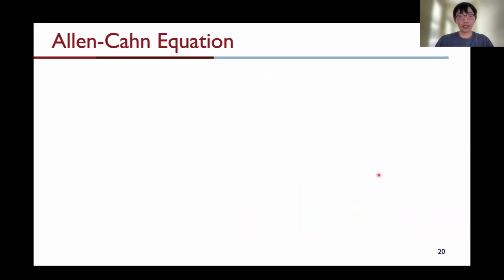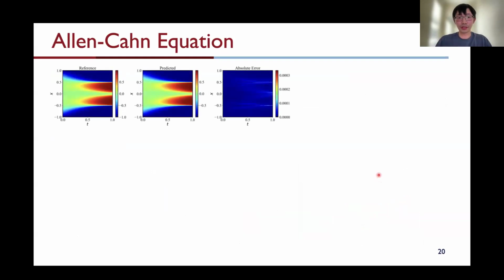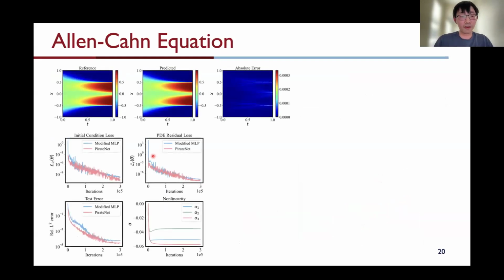In this slide, I show some realizations and the convergence of losses as well as test error. Something interesting is about the nonlinearity alphas during training. You can see that after a rapid change early in training, they stay almost constant later. Another thing is that those alphas are not very large, about 0.01.